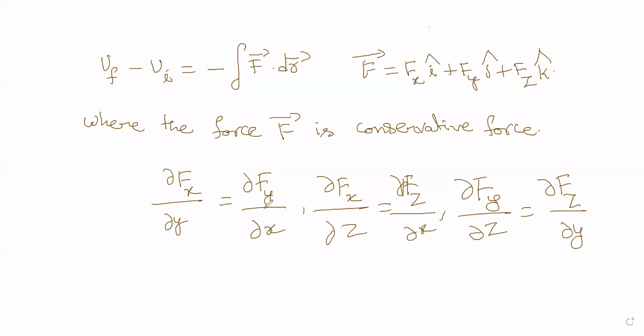All the three conditions should be satisfied. Even if one condition fails, you will say that F is non-conservative. Otherwise, if all three conditions are satisfied, you will say that F is conservative. This is just a recap of the things I have done in the earlier classes.